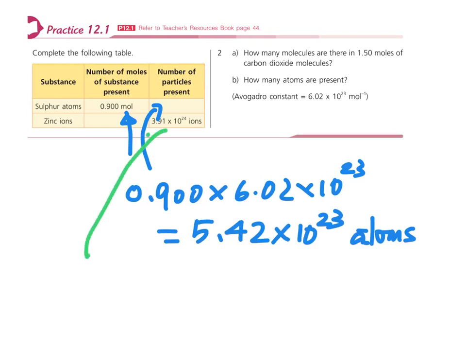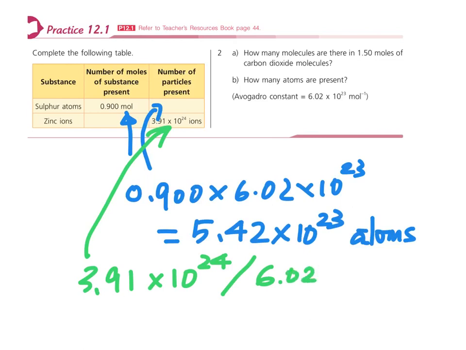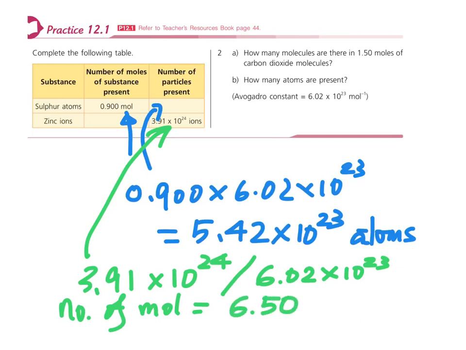If we have 3.91 times 10 to the 24 ions, how many moles will it be? We just need to divide it by 6.02 times 10 to the 23. Then use our calculator to calculate it. It will be 6.50, and the unit will be mole.